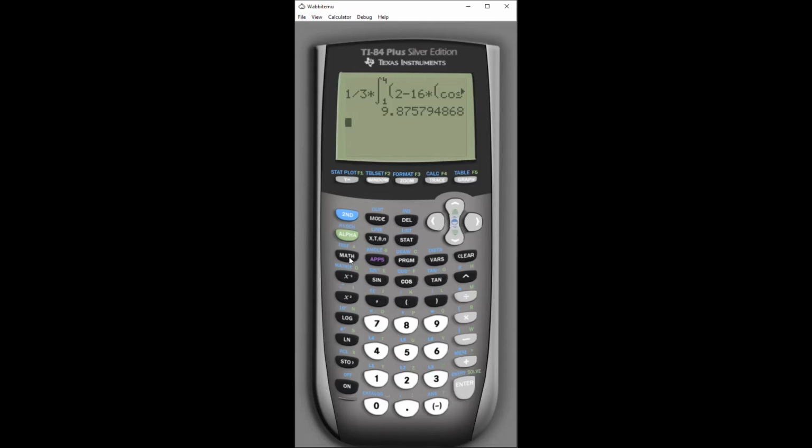And so let's use the solver and solve that second equation. We go to mathematics, solver.